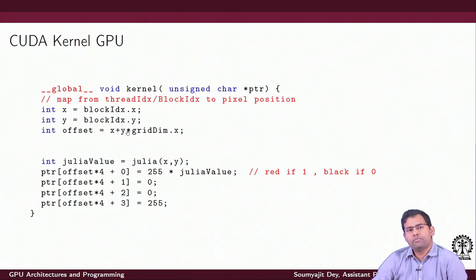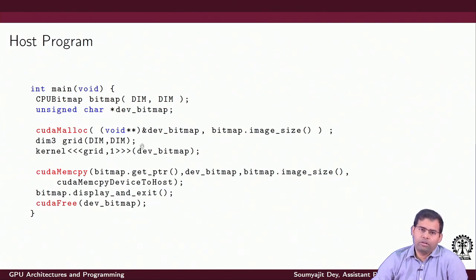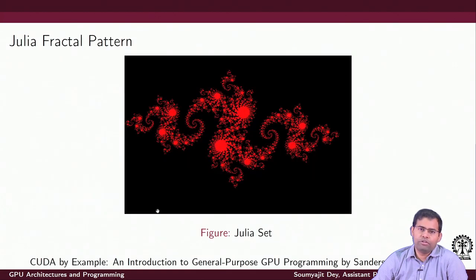Each of the threads is responsible for doing a membership decision for each position here, and for each position it is calling the device function Julia, and if the call returns a 1, then it is doing a proper coloring of the bitmap here. Of course, if it is 1, then it is writing the red channel, and otherwise it is writing 0 here, and so everything is black.